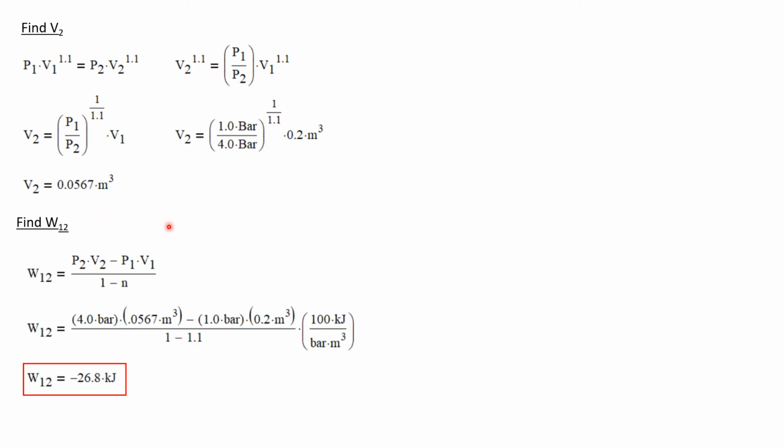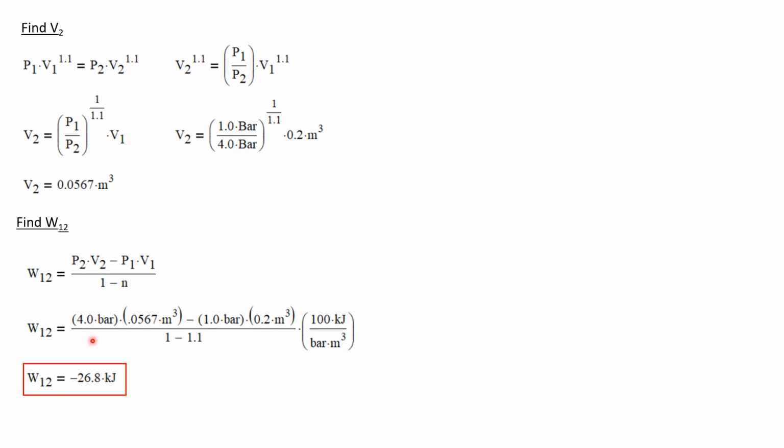Now we want to find the work done during this process. This is a polytropic process with n not equal to 1. In a previous lesson, we solved the integral of PdV for this particular situation, and we came up with the algebraic expression that the work is equal to P2V2 minus P1V1 all over 1 minus n.